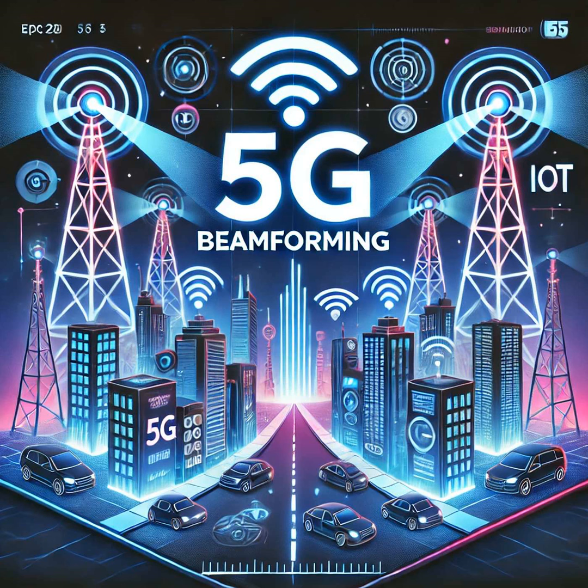Now, let's understand the two types of beamforming: analog beamforming and digital beamforming. Two distinct approaches to controlling the direction and shape of radio signals in antenna arrays. Both are used to enhance the efficiency and capacity of communication systems.